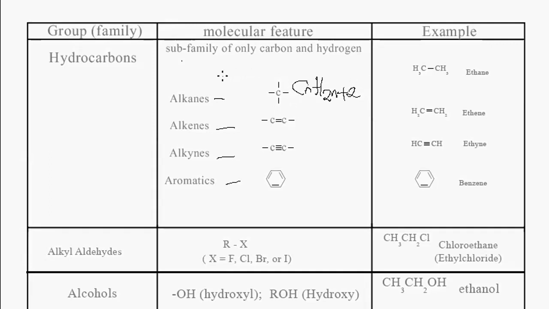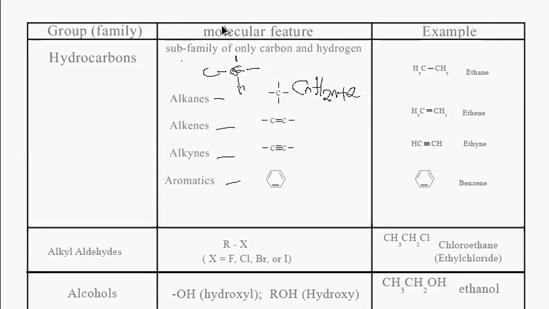And if I have 2 C's here, then my H should be 2 times 2, which is 4, plus 2, which is 6. And then I'll have 1, 2, 3, 4, 5, and 6 H. Alright, so that is it about the alkanes.